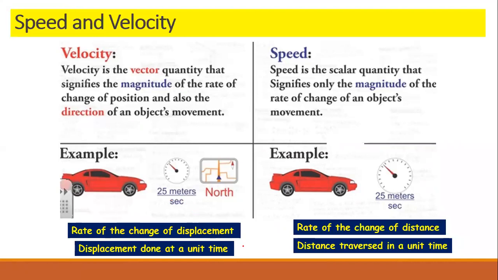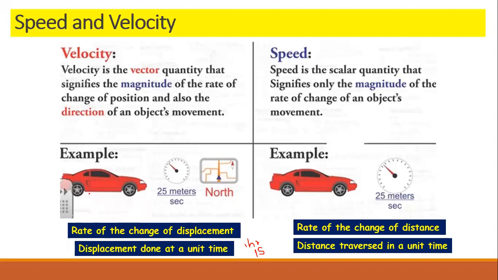That's a unit time, so maybe 1 hour or maybe 1 second. We are talking about just 1 unit of time. The displacement done in this unit time is known as the velocity.